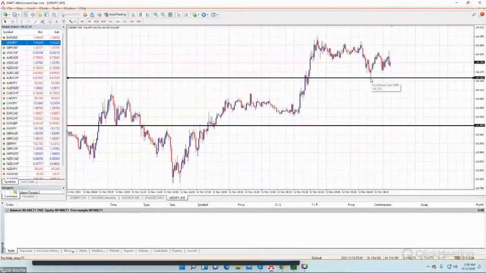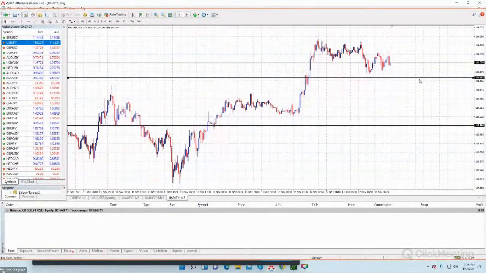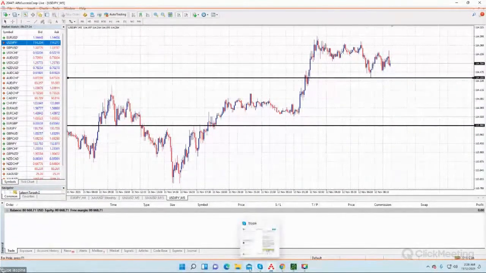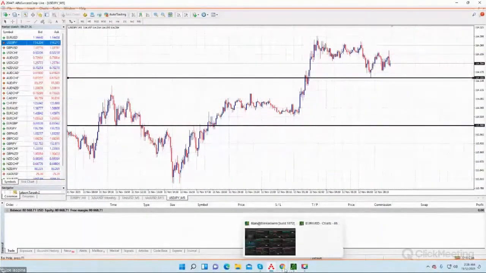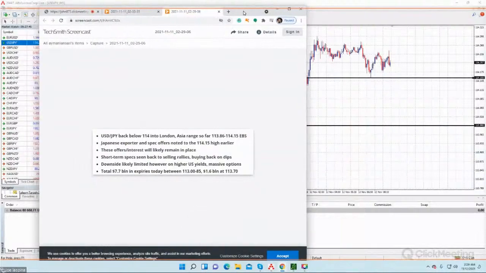If it touches, the bank loses. But I guess what he has here is that the price has to stay above 114. So if the price stays above here for the next 8 hours, he will cash out $0.7 billion today. Now, they have another option about 113.85. 113.85 is right here.